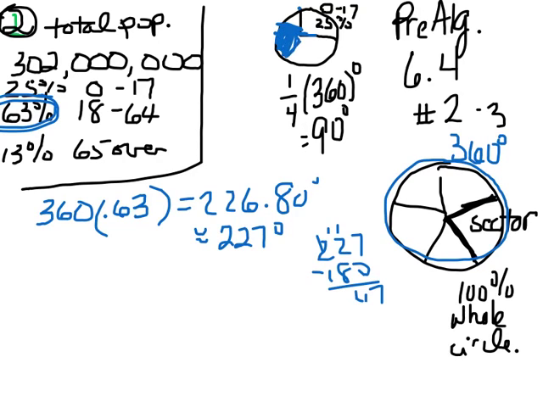We're just kind of getting a general idea of how we would draw this circle graph here. This represents about 227 degrees, as best as I can do it on an iPad with a fat stylus, okay? And so that's going to represent the 18 to 64-year-olds right there, about that much of the 360 degrees.